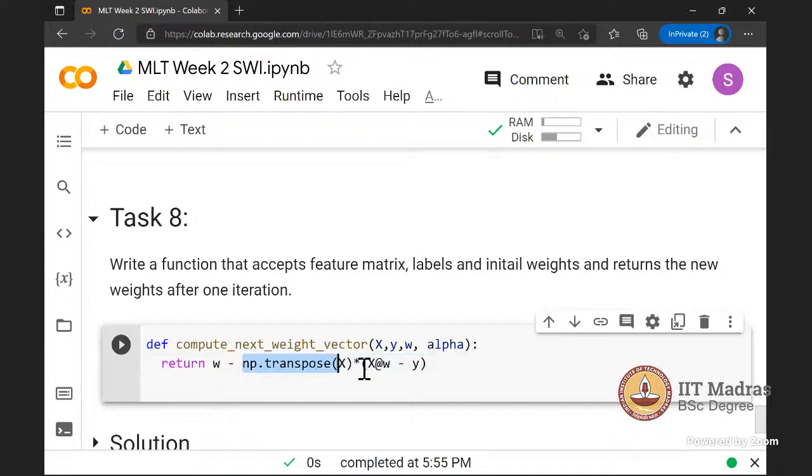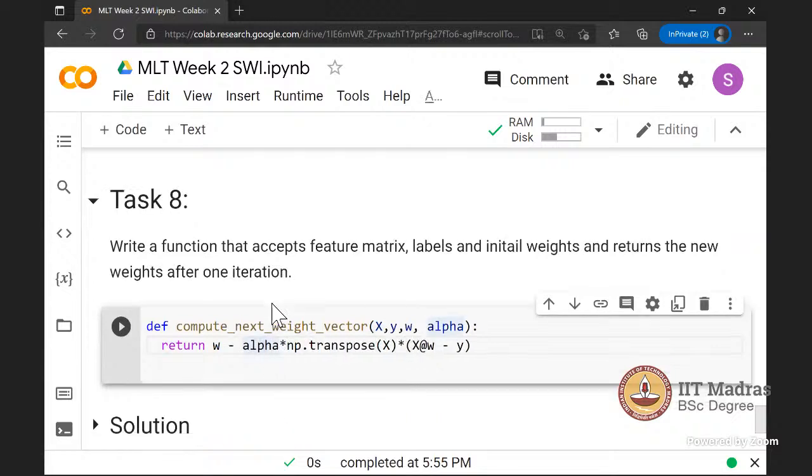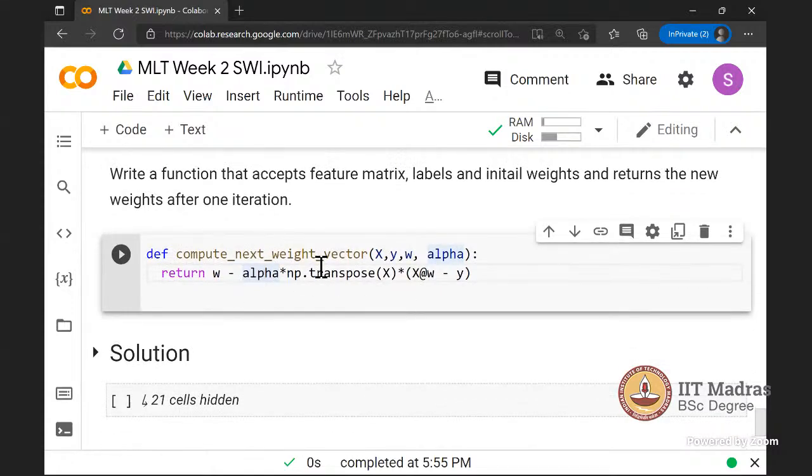This is the gradient dJ by dW, which is the gradient function. Now we want to go in the opposite direction of that gradient, therefore the negative is over there, and we also want to take care of alpha, the step size.